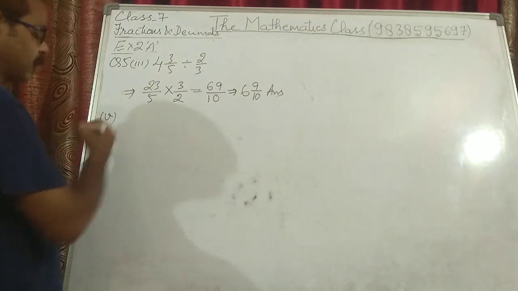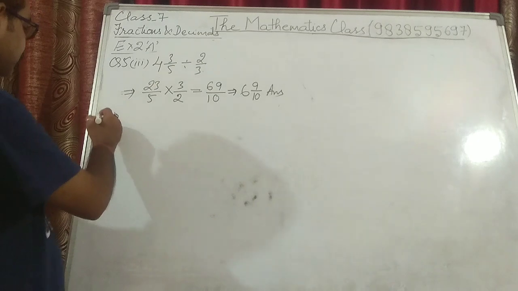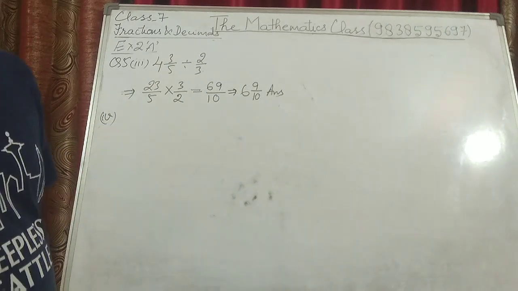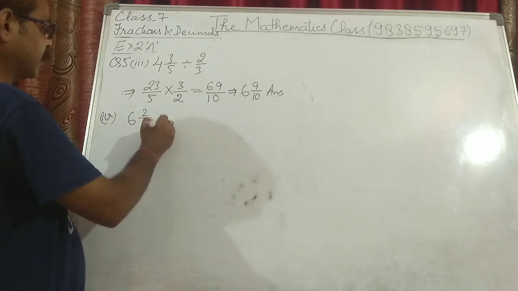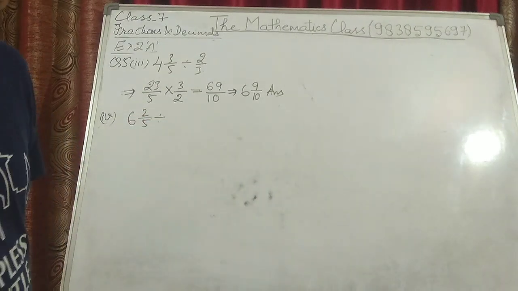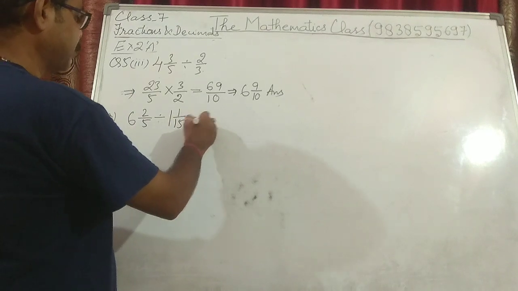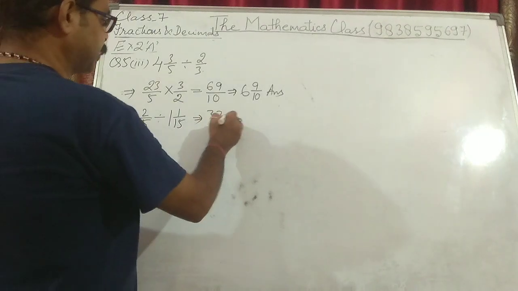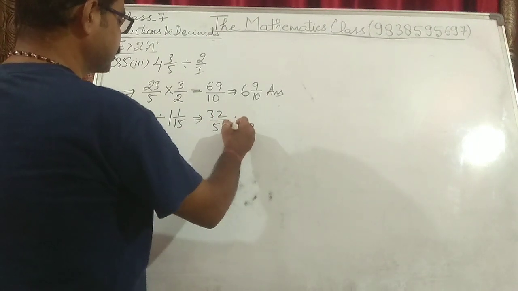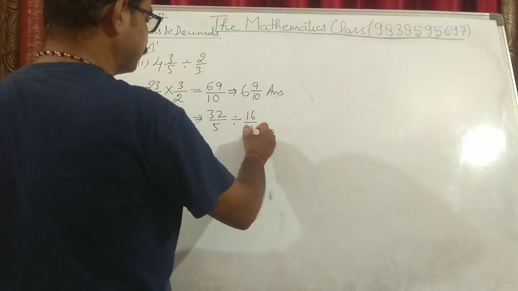Now let's see what is there in the fourth part. Fourth part is 6 whole 2 upon 5 divided by 1 whole 1 upon 15. Again convert it into improper fraction. 5 sixes are 30 and 2 is 32. 32 upon 5, division sign, 15 and 1 is 16 upon 15.